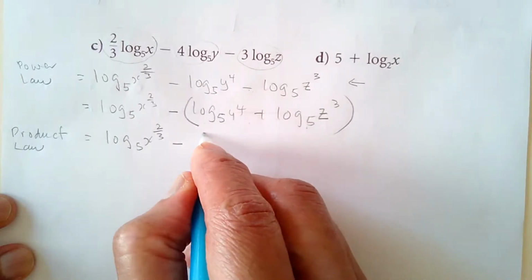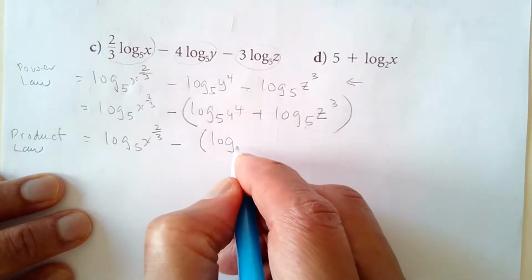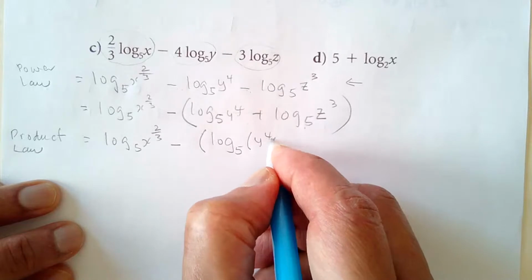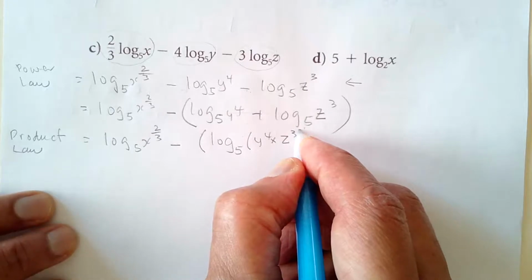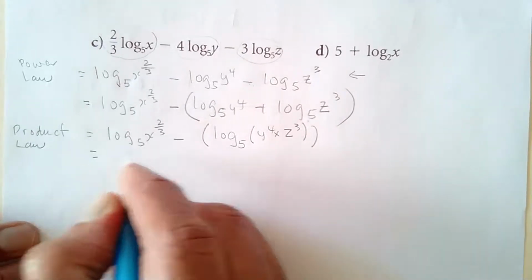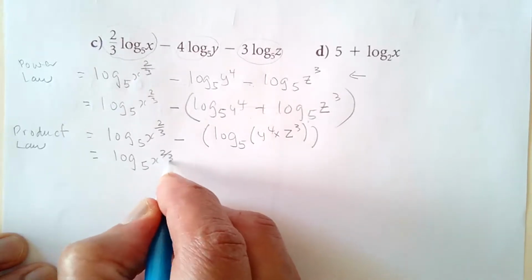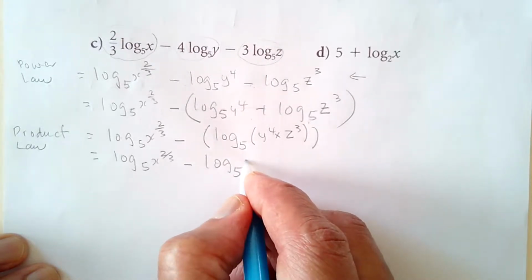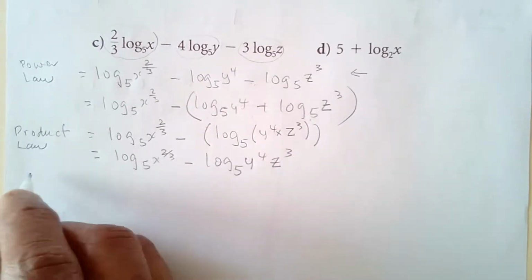So we combine these, we have log 5y to the 4th multiplied by z to the 3. Now I'll apply the quotient law.